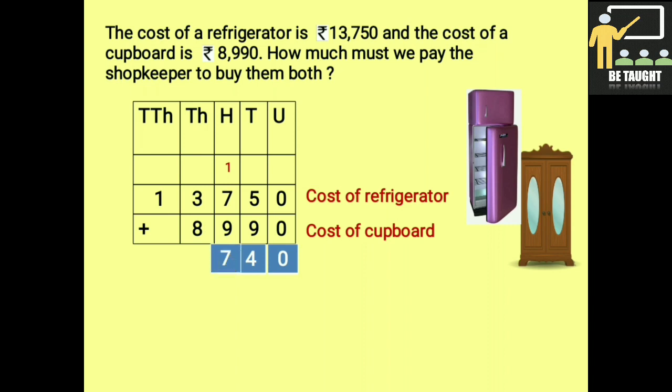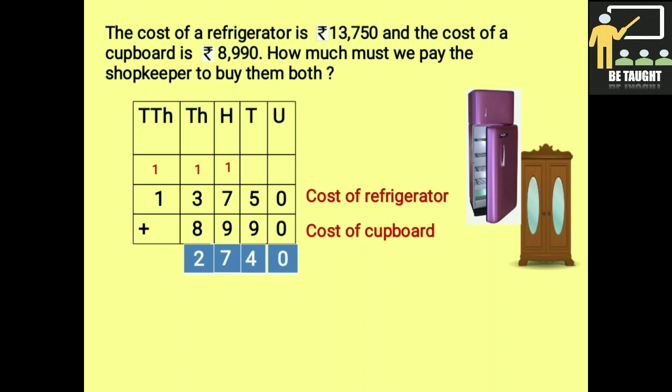7 plus 9 is 16 plus 1 carry over gives us 17. So we write 7 in the hundreds place and 1 carry over in the thousands place. 3 plus 8 is equal to 11 plus 1, which is carried over, gives us 12. So we write 2 in the thousands place and 1 carry over in the 10,000s place.